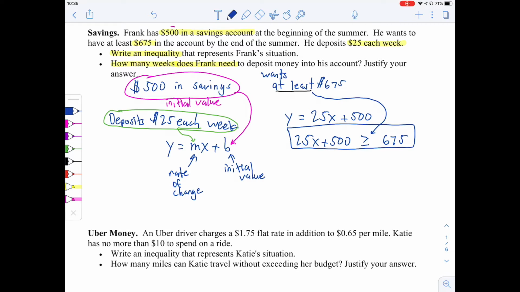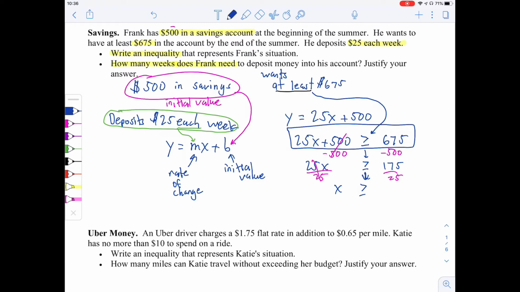And now we can solve this. We're just going to solve for x the regular way. Subtract 500 from both sides, we get 25x, bring the symbol down, greater than or equal to 675 minus 500, which is 175. Then we divide by 25, and we get x, still bringing the same symbol down, greater than or equal to 175 divided by 25. That's $1.75 divided by 25 cents.